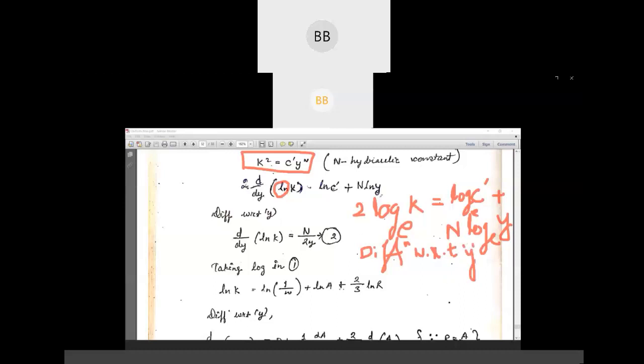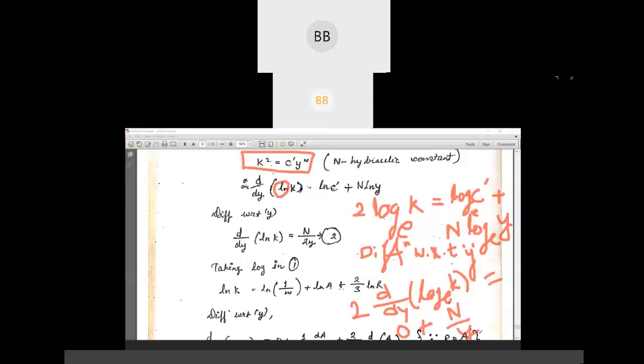Then you differentiate. Then this 2 will be here, d by dy of log e K is equal to, then this is a constant C dash, so if you differentiate it will be 0, then in addition N will be there, so log e y, if you differentiate it will be 1 by y, or you can directly write N by y.